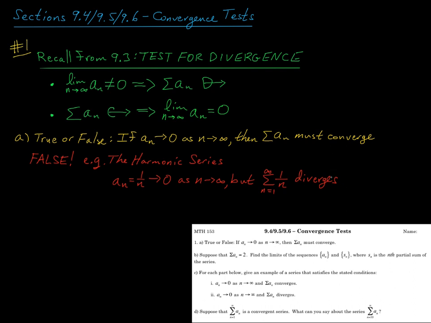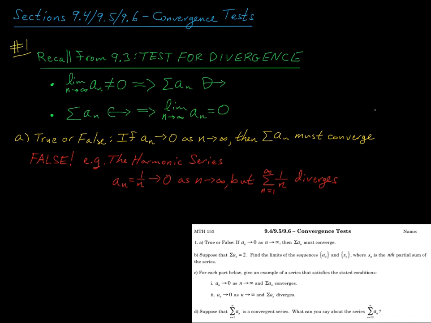So we have to be very, very careful here. If all we know is that a sub n goes to 0, it may not be the case that the series of a sub n converges. It is possible for the associated series to actually diverge, as the harmonic series illustrates.